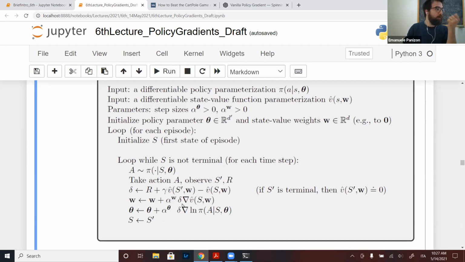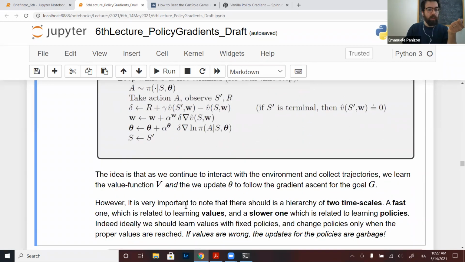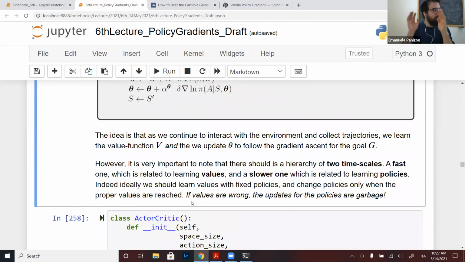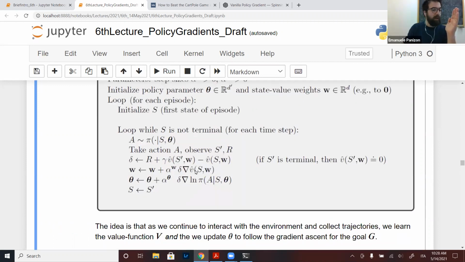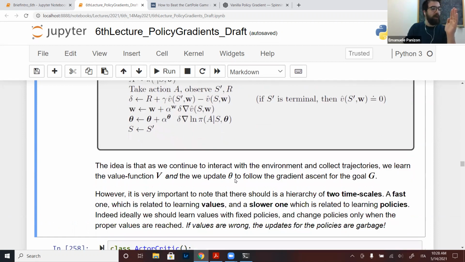Now I can do an update at each step. However, now we have two separate things going in parallel. We are trying to evaluate the value function, and we are trying to update our policy. It's very important to understand that to create the correct estimation of the gradient, you need to have the best possible value for those states.